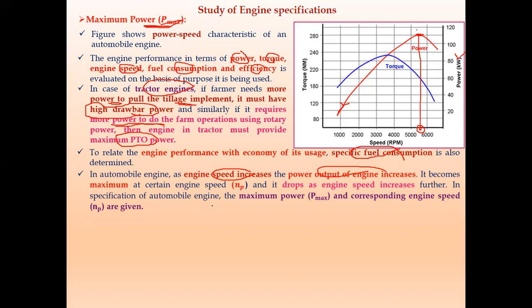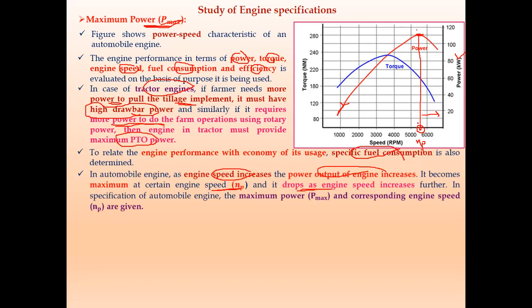Now it becomes maximum at a certain speed, that is called NP speed, the speed at which power is maximum. And it again drops down as we increase the speed further.